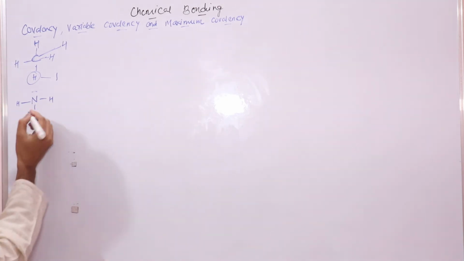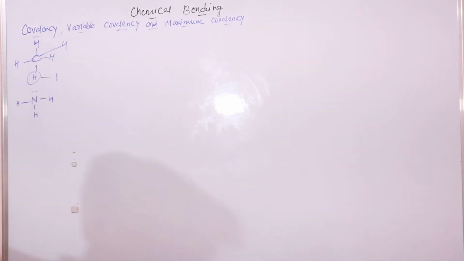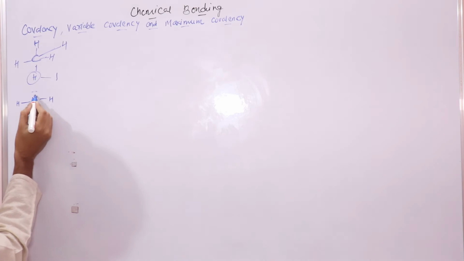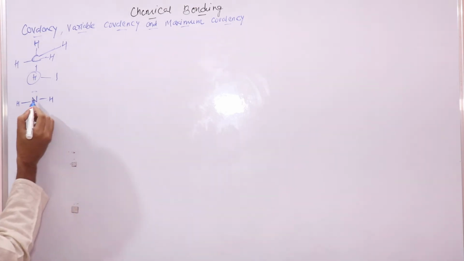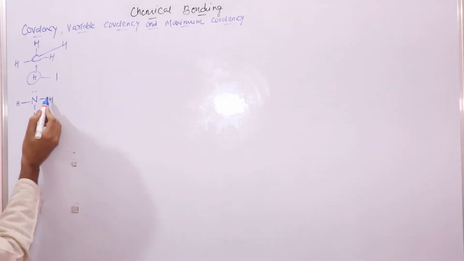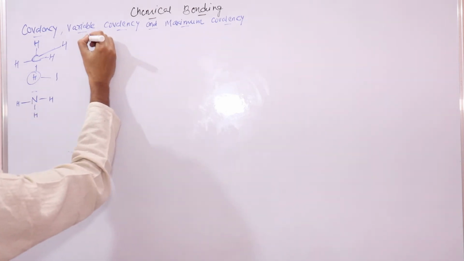Or the other way around: how many electrons is it contributing towards the formation of shared pairs? Nitrogen is forming 3 shared pairs, and in each shared pair it's contributing 1 electron. So how many shared pairs? 1, 2, 3. So 3 electrons. Covalency is 3.